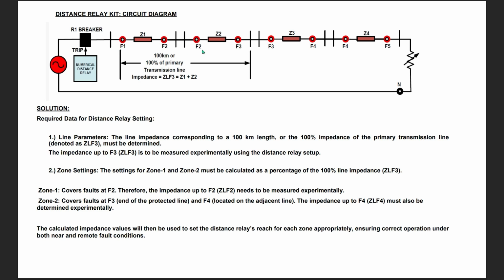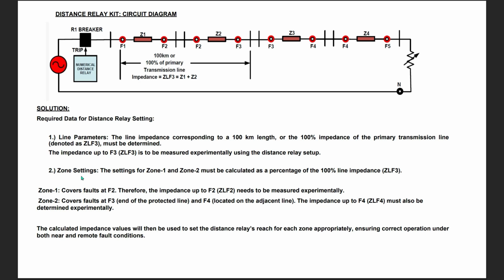In this case, the primary transmission line is up to F3. Therefore, Z1 plus Z2, or ZL F3, is considered as the impedance of the primary transmission line, which has to be measured experimentally. We will demonstrate in detail in the next section of this video.